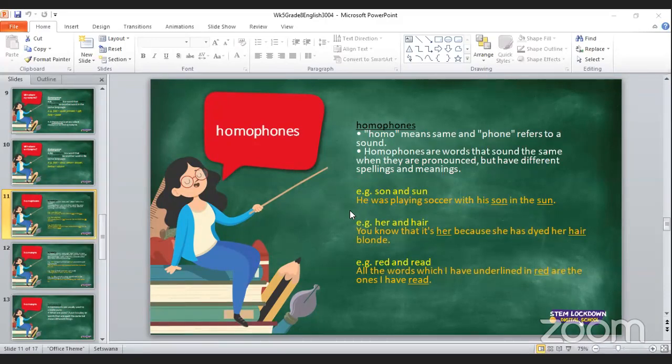So there are some examples there. I said son and sun. The first son is a boy child, right? A boy child is a son. Then the other one is the sun.